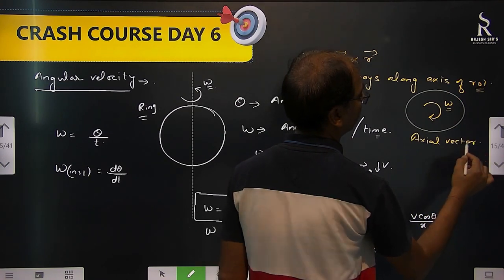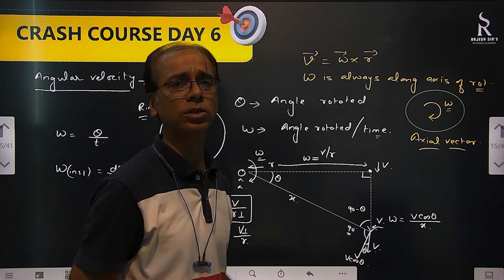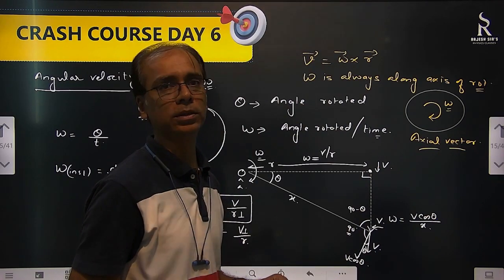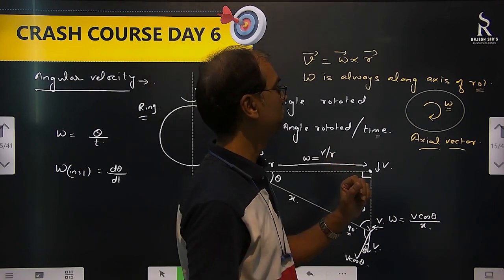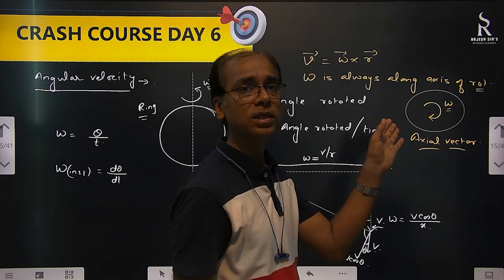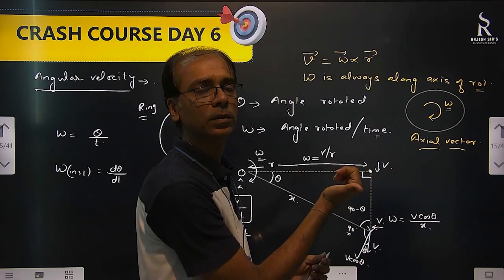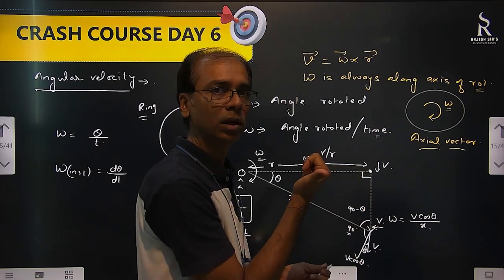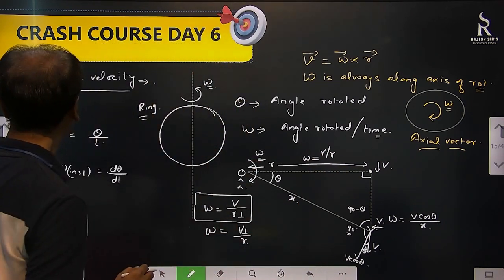So far what we have seen, force, velocity, acceleration, those were all polar vectors. This is an axial vector. It's always along the axis of rotation. So where is it? Inside. If it is anti-clockwise, where will omega be? Outside. Right.